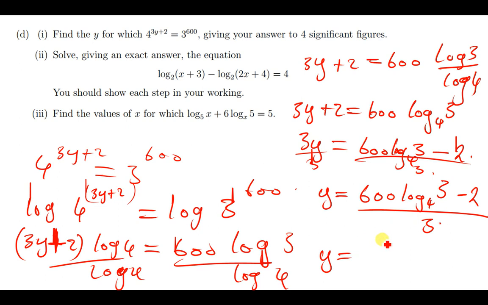To put this in the calculator, for log 3 base 4, you can just say log 3 over log 4. That's what it means. You can also simplify this to be log 3 to the power 600 base 4 minus 2, everything divided by 3. So this is how you can simplify that.